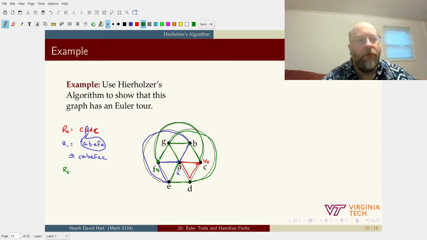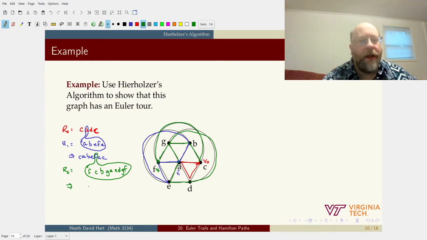For R2, that gives me F to C to B, over to G, down to A, to E, to D, and then around back to G, and then over to F. I'm going to substitute all of this in for the F.